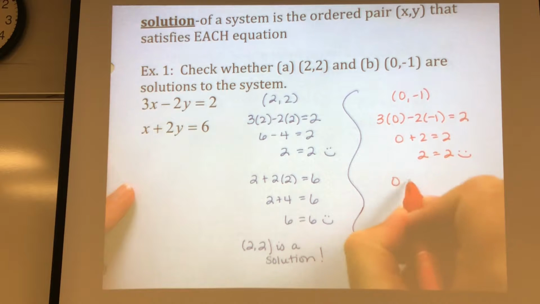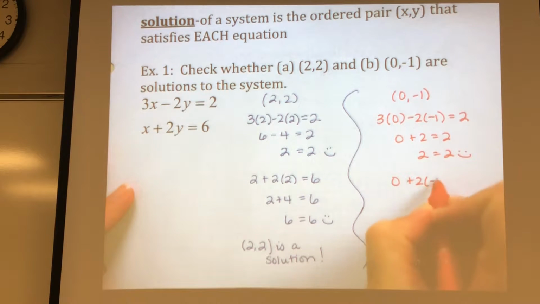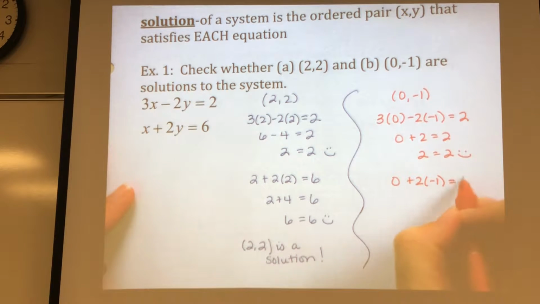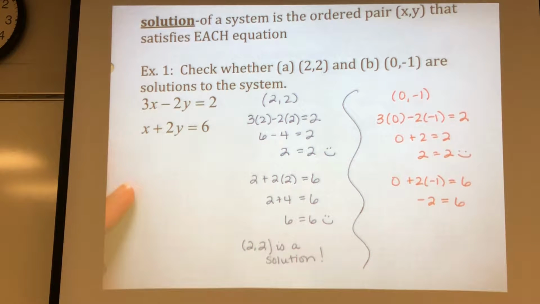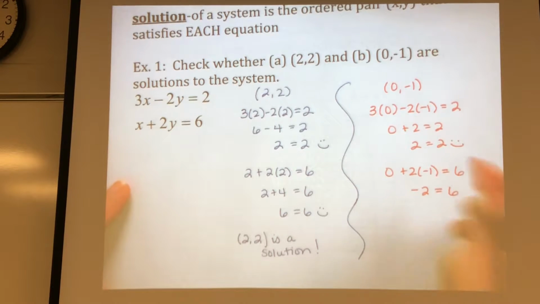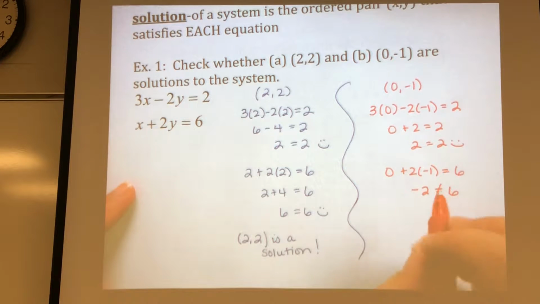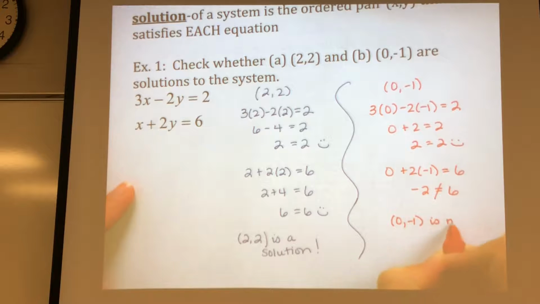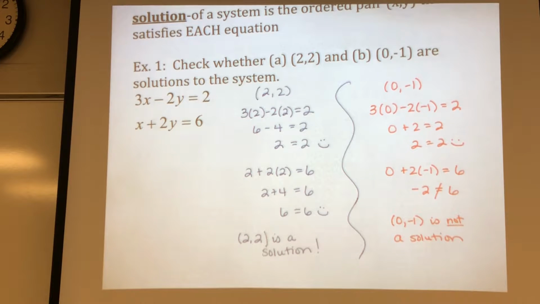So we substitute 0 in for x and negative 1 in for y. And we end up with negative 2 equals 6, which we clearly know is not true. So that tells us that (0, negative 1) is not a solution. All right, so that's how we take a system and test to see whether or not it's a solution.